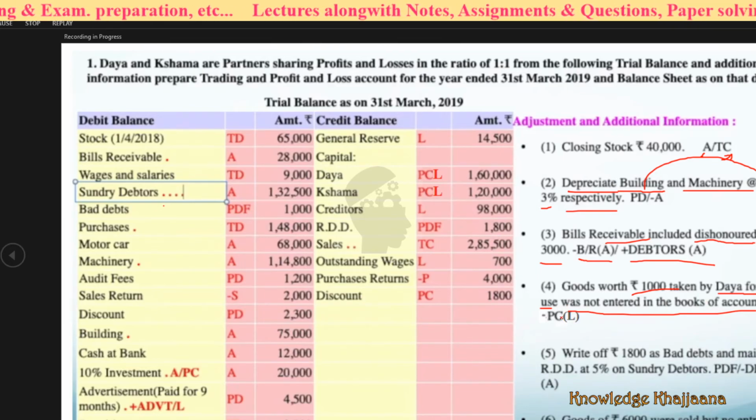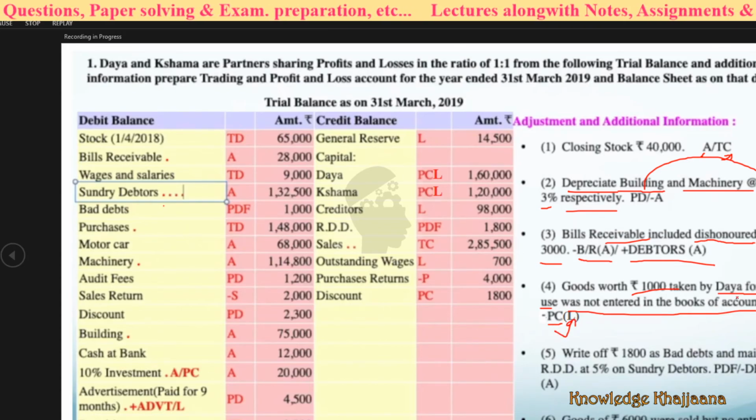Daya has withdrawn, so that much of amount of 1000 has to be deducted from that partner's capital, because he has withdrawn from the business. And where is partner's capital maintained? In the liability side.